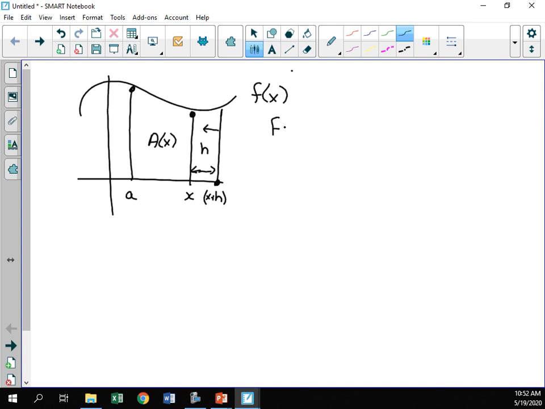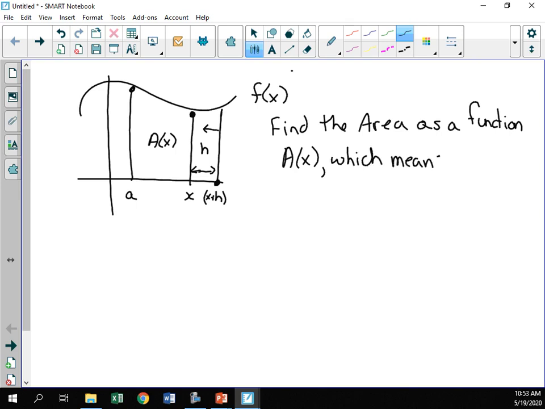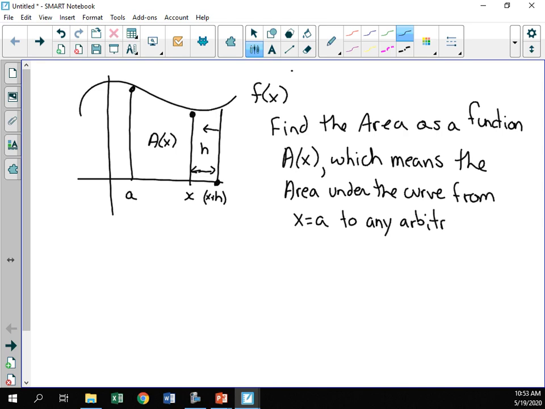So we want to find the area as a function A of X, which means the area under the curve from X is equal to A to any arbitrary X value.